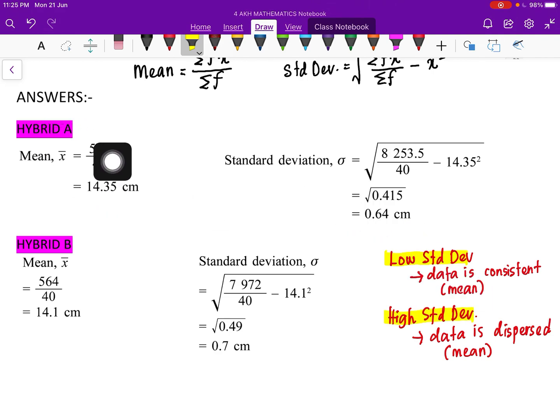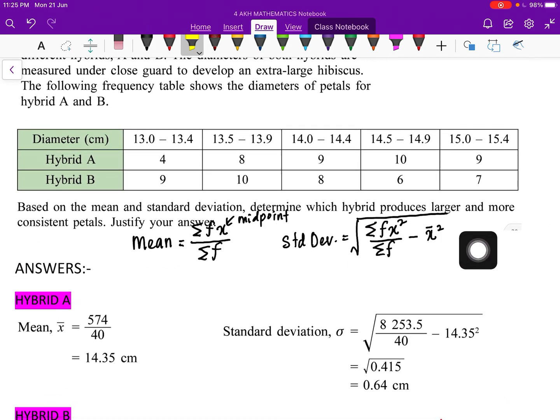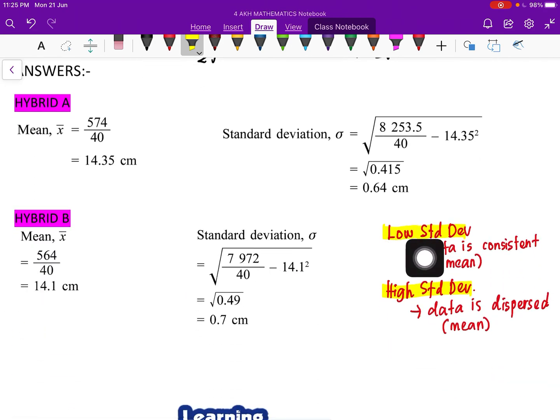Okay, so jadi mana satu yang lebih besar? Secara purata, we say that hybrid A, okay, in average has a larger diameter of petals. Okay, in terms of consistency, okay, which one has more consistent petals? So kita akan refer kepada low standard deviation. So hybrid A, which is lower, will have a more consistent petals.